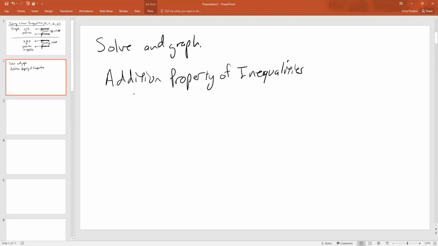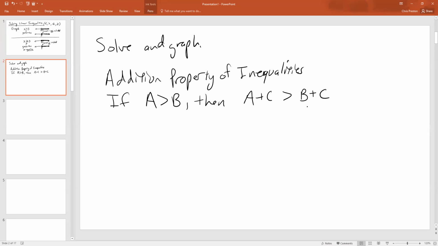All right. And so what this says is if A is greater than B, then if you add something to both of those, that relationship stays the same.